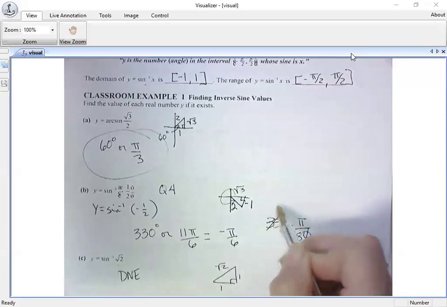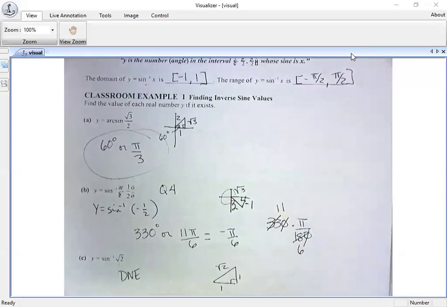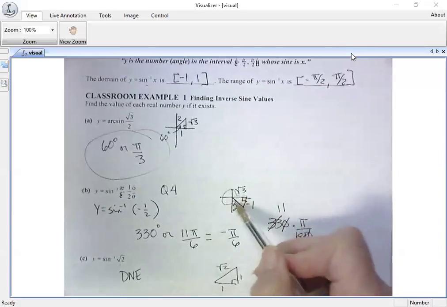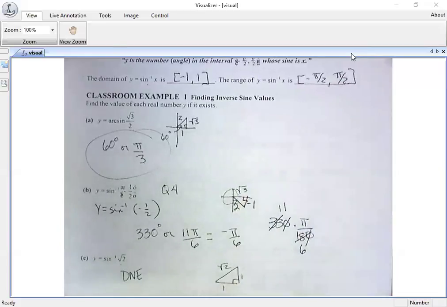So 3 goes into 33 11 times, 3 goes into 18 6 times. So that's how I got the 11 pi over 6. If I thought of this as -30 degrees, that would be a negative pi over 6. So I could use any of those methods to come up with whichever form I need, if they want a positive radian measure or a negative radian measure, or they want it in degrees.